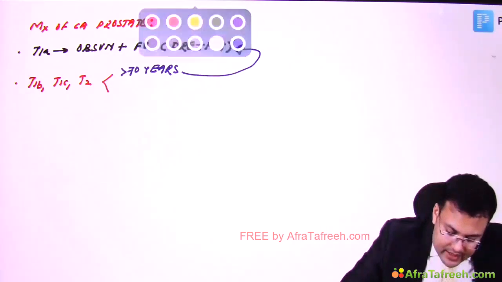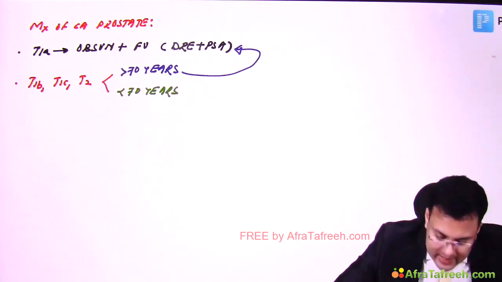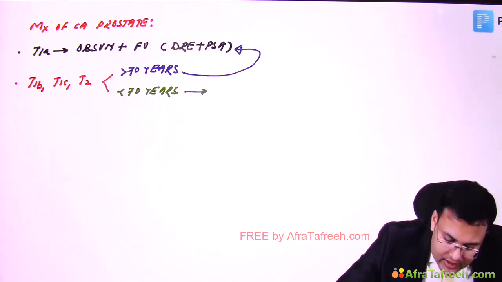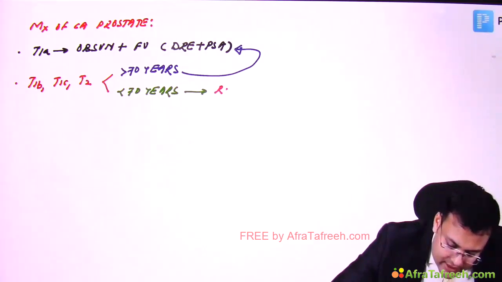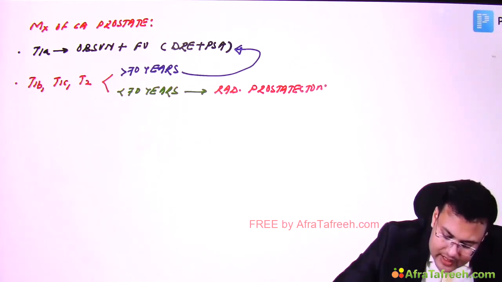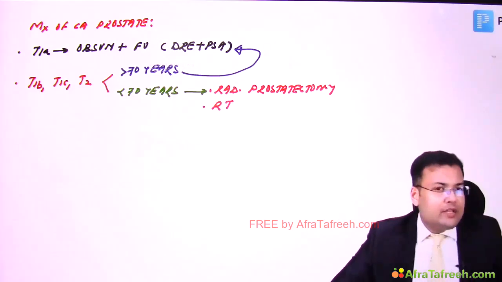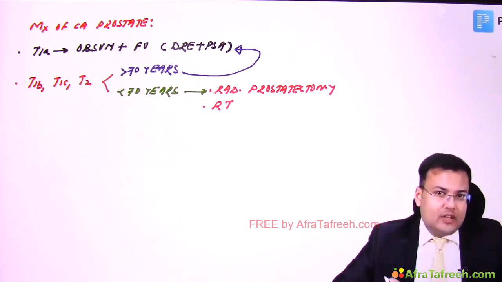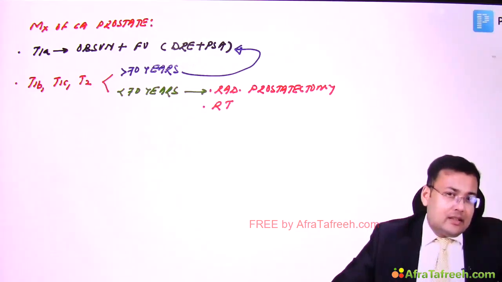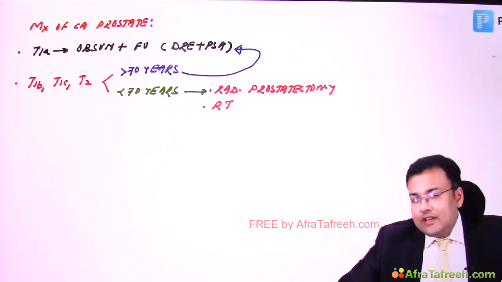But if the patient is less than 70 years, relatively young, we can go for radical prostatectomy. The second option is radiotherapy. Radical prostatectomy is preferred. There are certain patients in whom surgery is contraindicated, the patient is not fit for anesthesia.